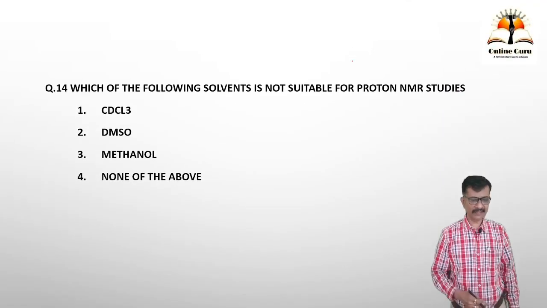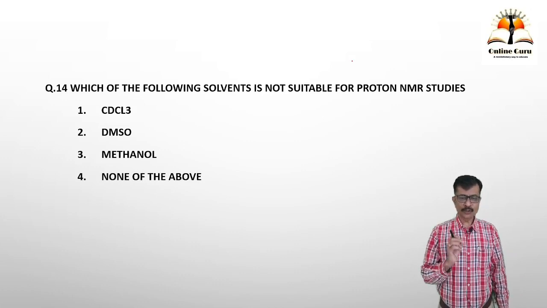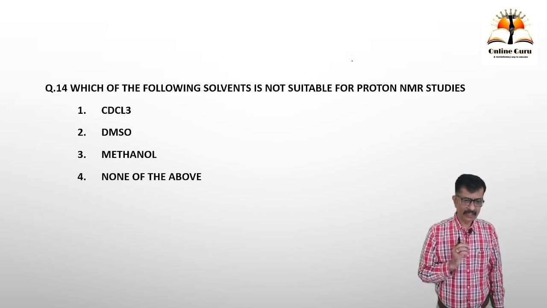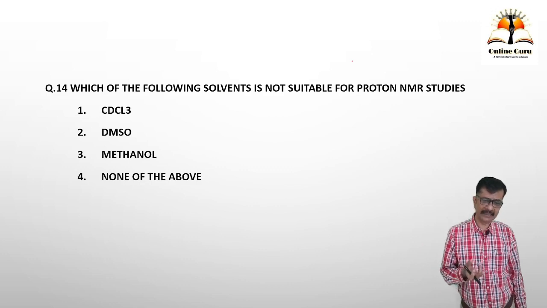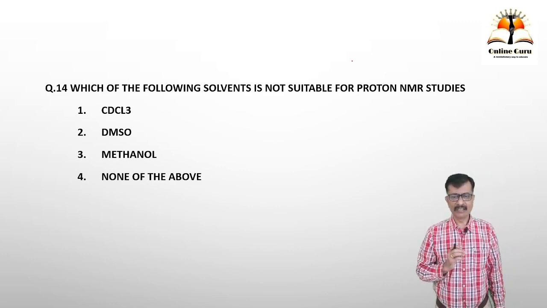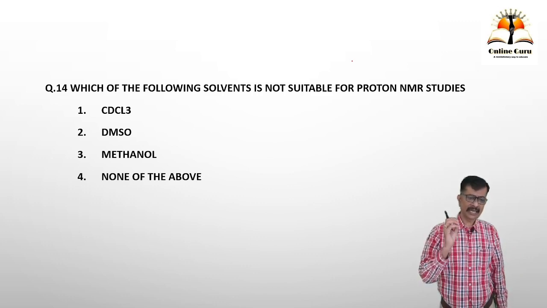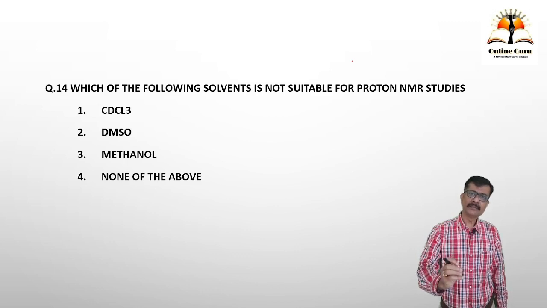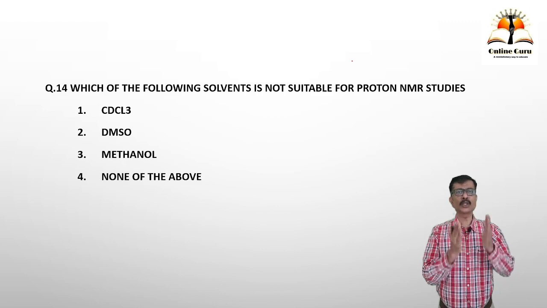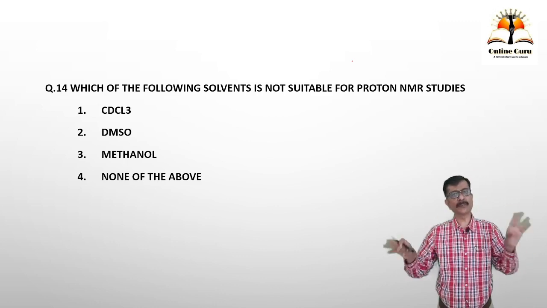Moving to the next one. Which of the following solvents is not suitable for proton NMR studies? When we are going for a proton NMR study, what should be the requirement of the solvent? It should not contain a proton, right? A solvent which contains protons will absorb and interfere with the spectra.